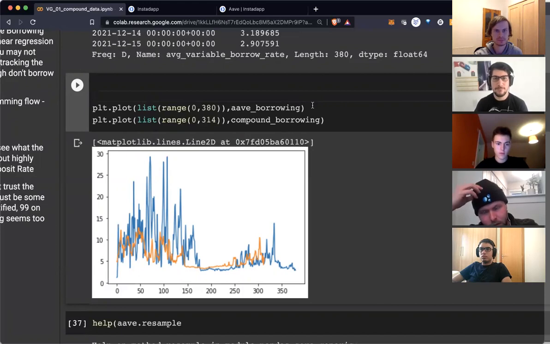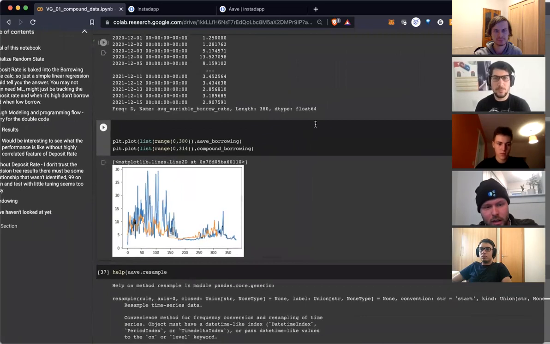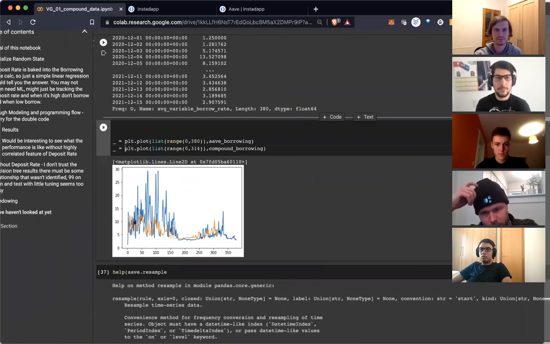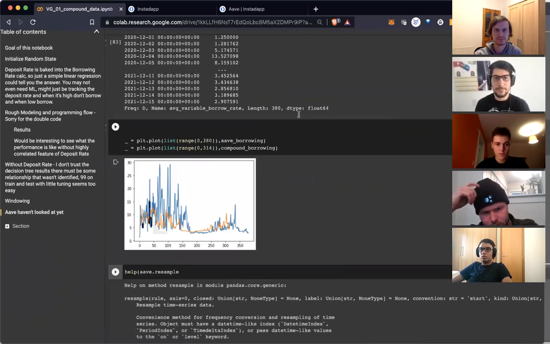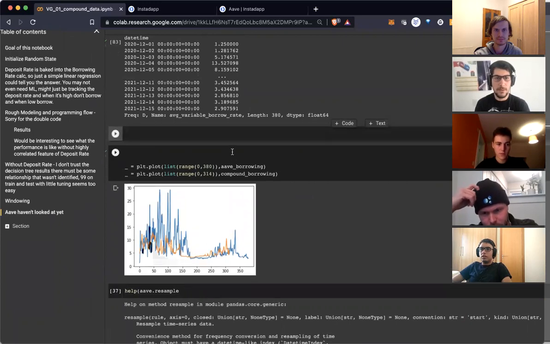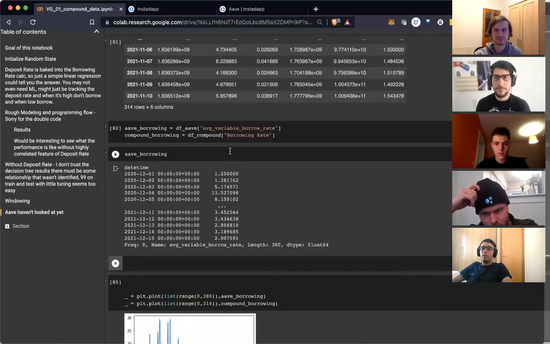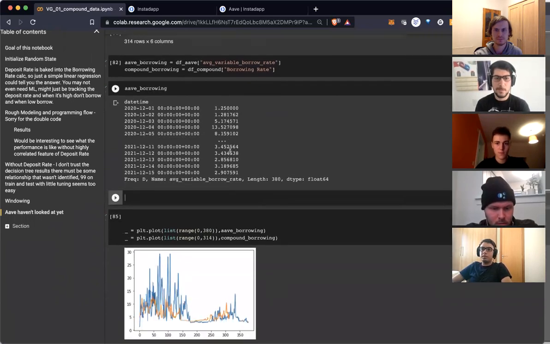And things like Instadapp, DeFi Saver, I imagine, as you were saying, might do rebalancing, right? So it might make sense that they're kind of in tune. Yeah. And it's clear how much more volatile the Aave rates are compared to Compound.